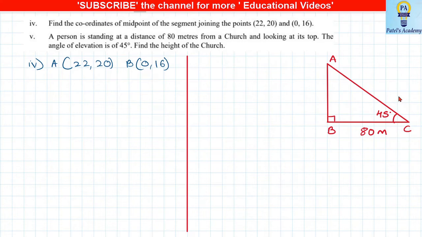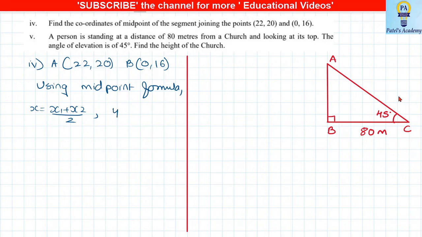Now you have to find out the coordinates of the midpoint. So using the midpoint formula. What is the midpoint formula? X equals x1 plus x2 upon 2, and y equals y1 plus y2 upon 2.